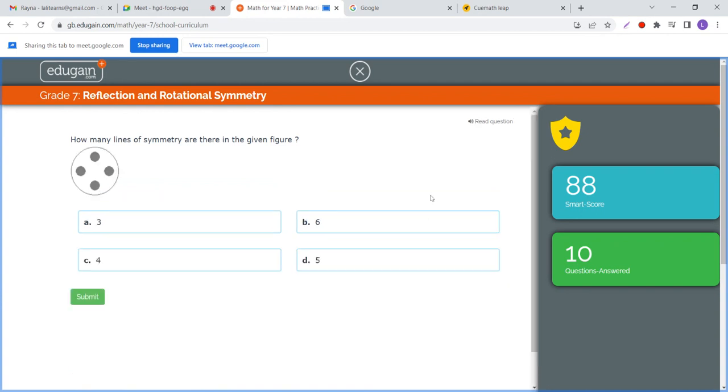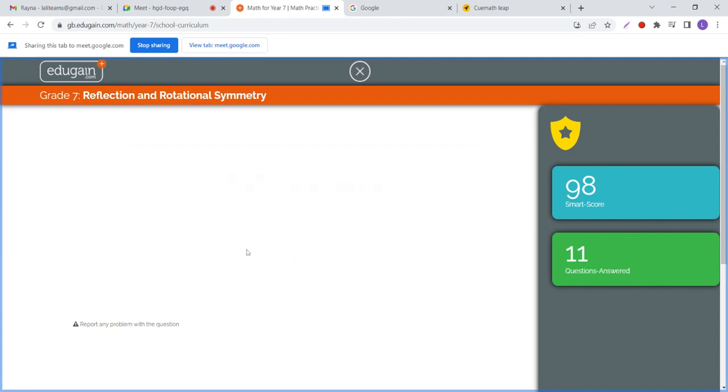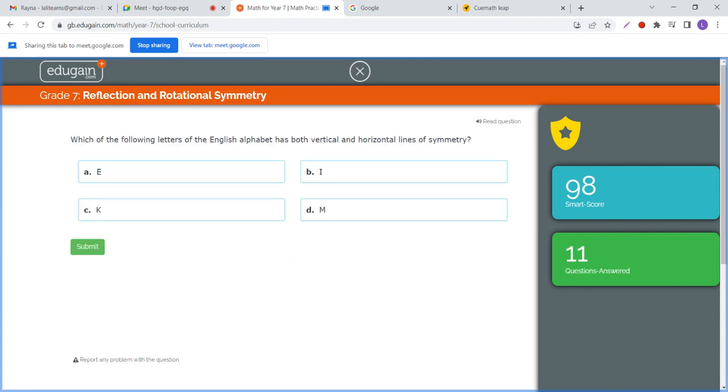Okay, how many lines of symmetry are there in this given figure? Four. Okay, that was smart. Which of the following letters of the English alphabet has both vertical and horizontal lines of symmetry?